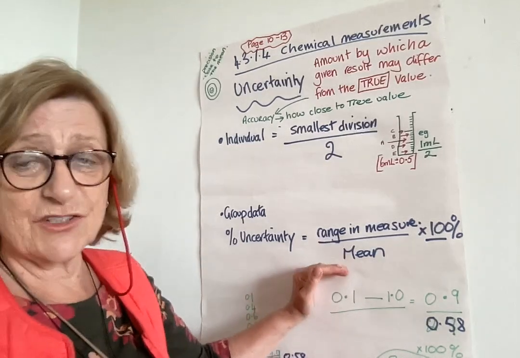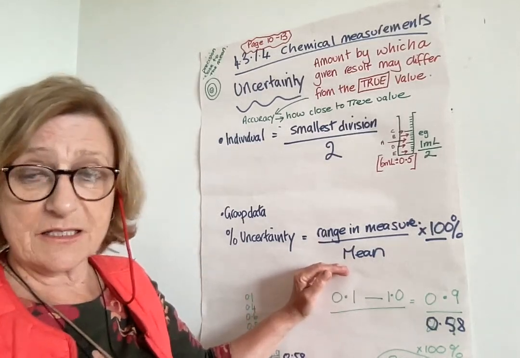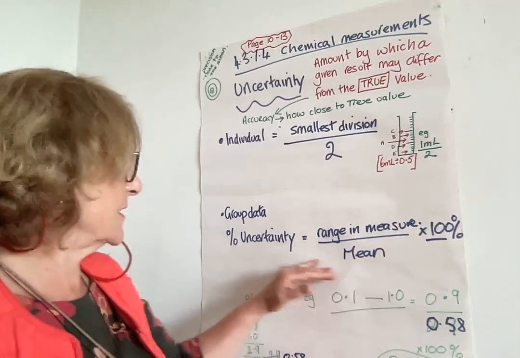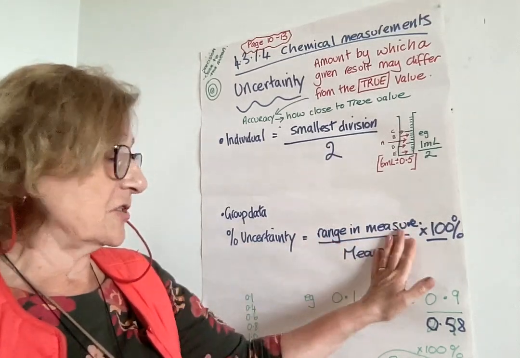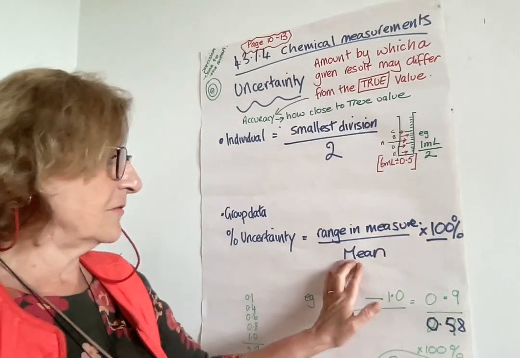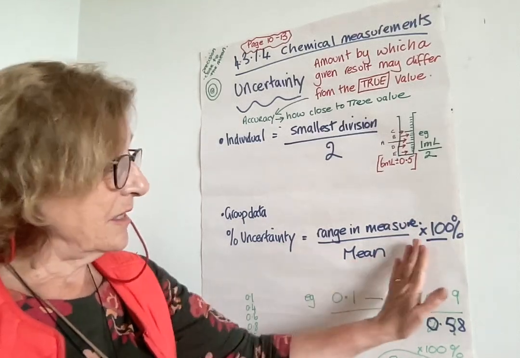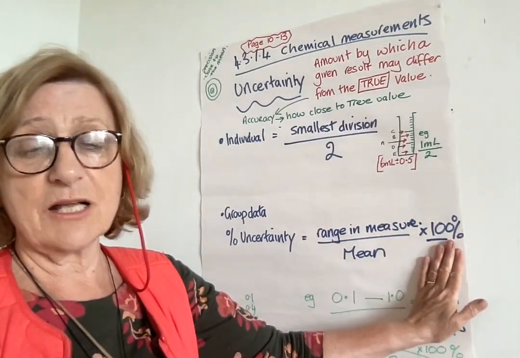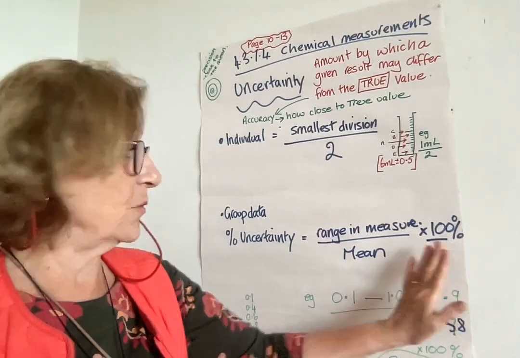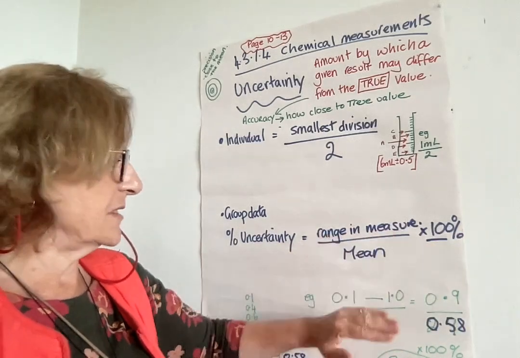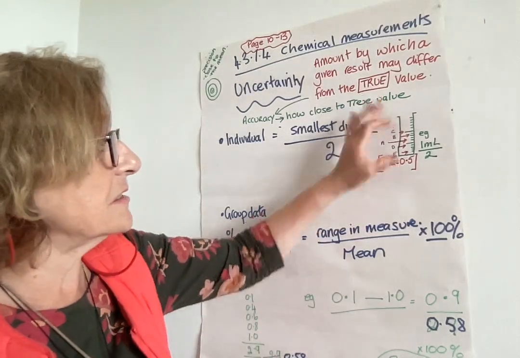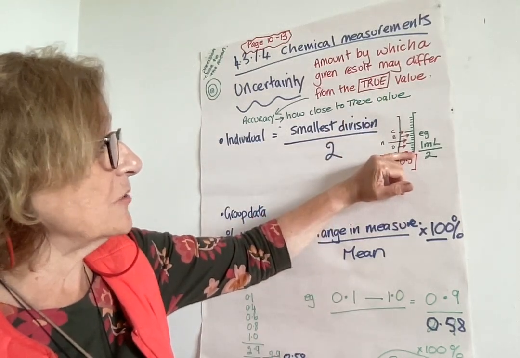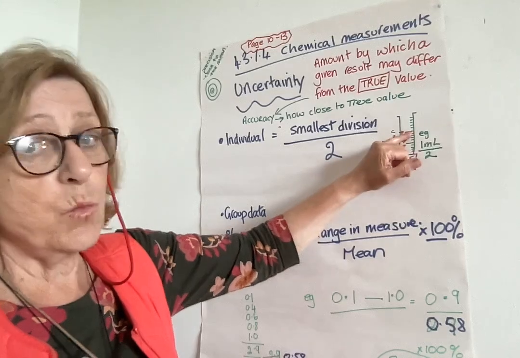You do also need to know this formula for group data, that if you have a group set of data, the percentage uncertainty is the range in measurements in the group divided by the mean times 100%. So let's just remind ourselves what that would mean. The range of measurements is the difference between the highest and the lowest measurement. So in this instance, it's the difference between 0.1 millilitres and 1 millilitre.